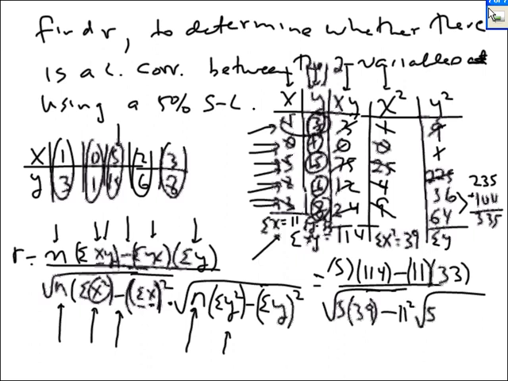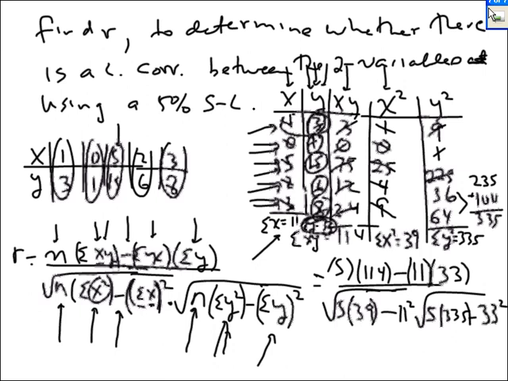So the summation of y squared is 335. Okay, so it's n times the summation of y squared, minus the summation of y all squared. Well, the summation of y we concluded was 33, and that gets squared.